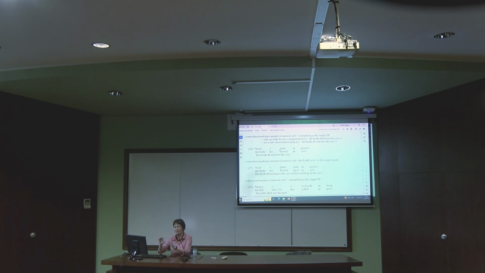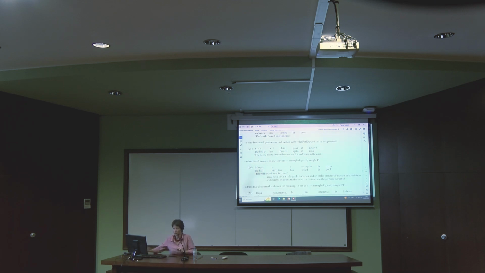What we need in a satellite-framed language such as English is a PP occupying the complement position and functioning as a satellite. This is an adjunct which adjoins the verb phrase. It's not problematic to adjoin până PPs to such a verb phrase. They are not problematic, but they are not counterexamples to this generalization.